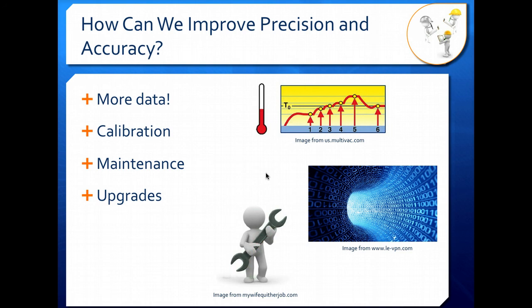So keeping your process clean, making sure you're getting enough data, and making sure you're maintaining and improving your process where needed can help you improve your precision and accuracy, and therefore get a good idea of the variation that is inherent to your process.